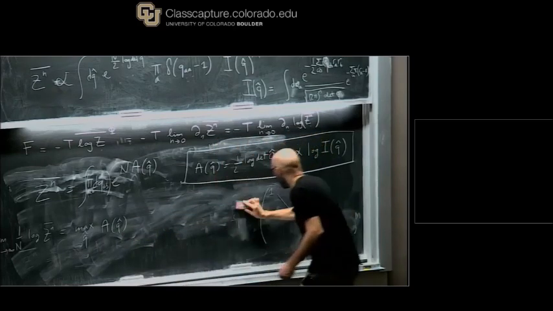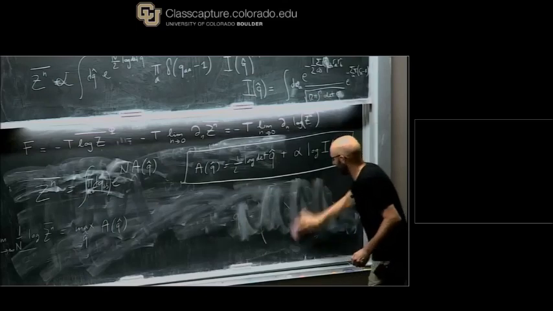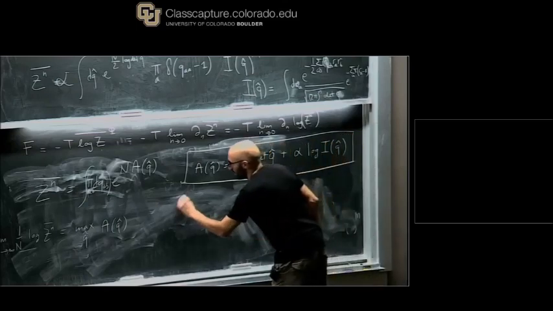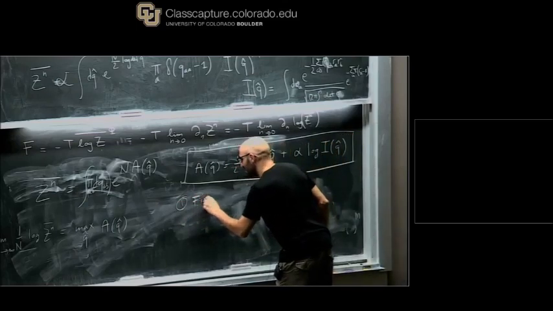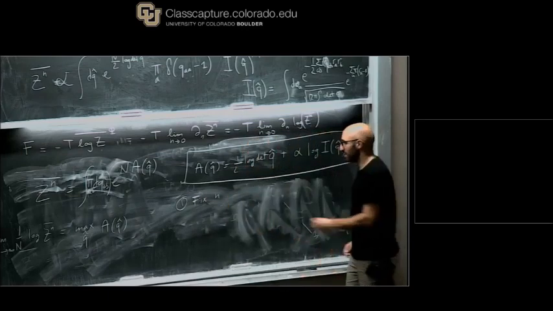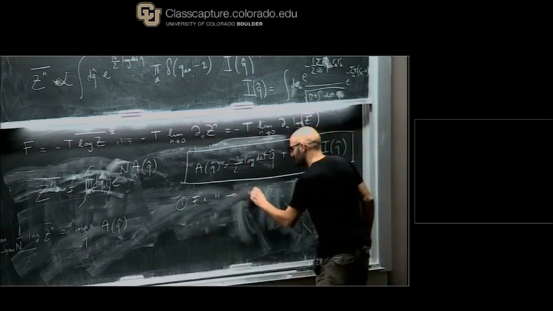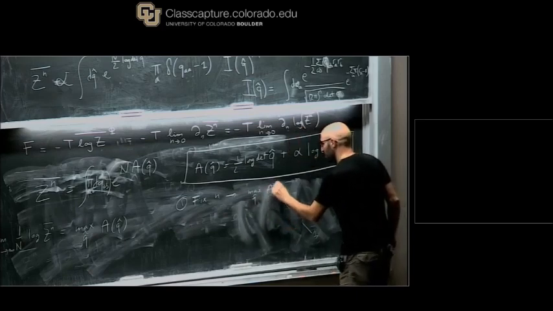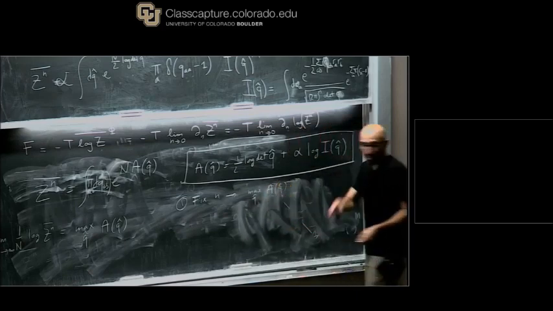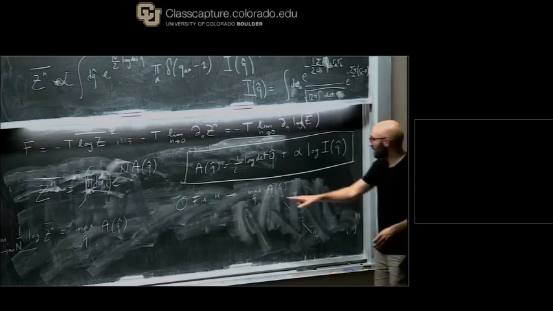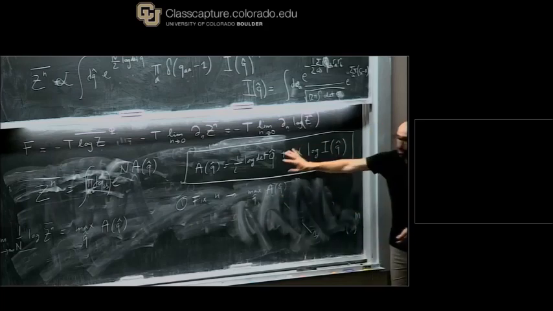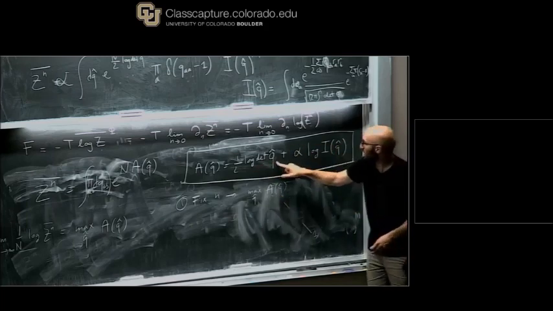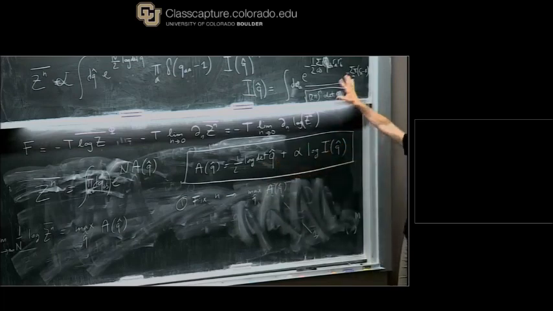So in principle, the recipe is the following. You fix the number of replicas, and you find the maximum over all the possible symmetric matrices Q with the diagonal fixed to 1 of A of Q, which is this object you can compute: it is just log det Q plus alpha times the logarithm of this integral.